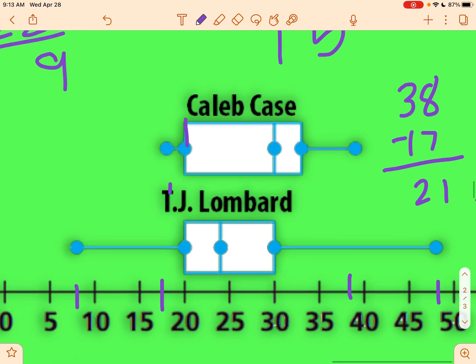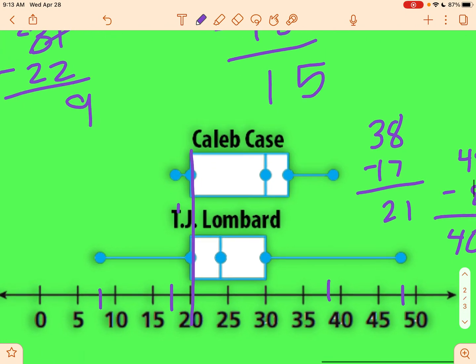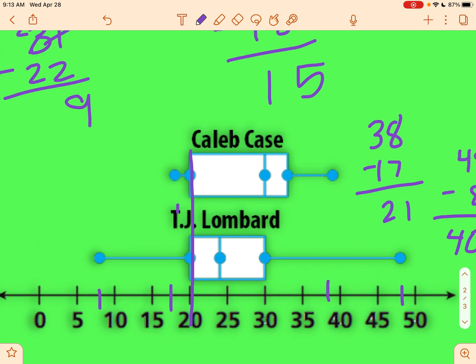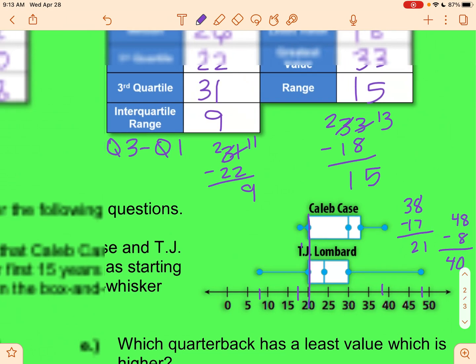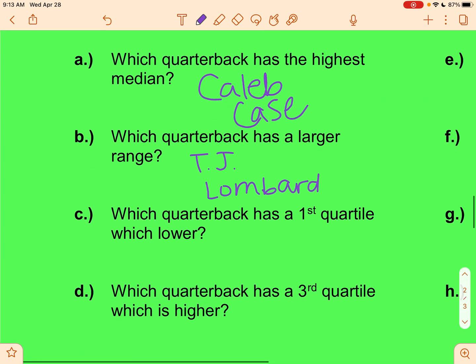Remember, the first quartile is that first line. Are they about the same, or is one lower than the other? Yeah, I would say they're about the same. So you would say neither. They're both about the same.